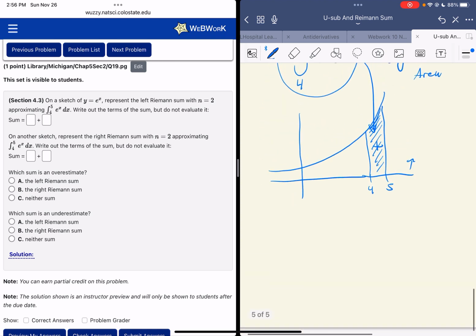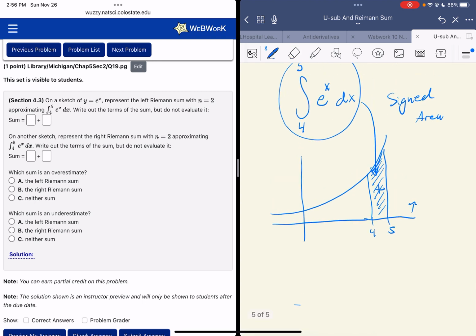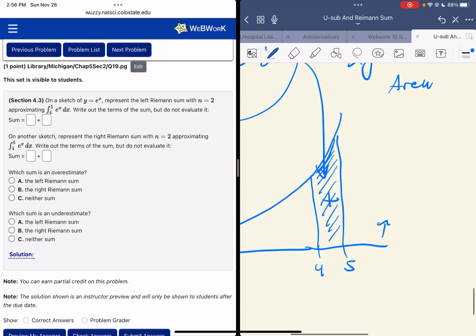But if you had a function like, for example, sine of x, it goes like this, right? Then above would be positive area, and below would be negative area. So anyway, this idea of what's an area under a curve, that's a hard problem, right?